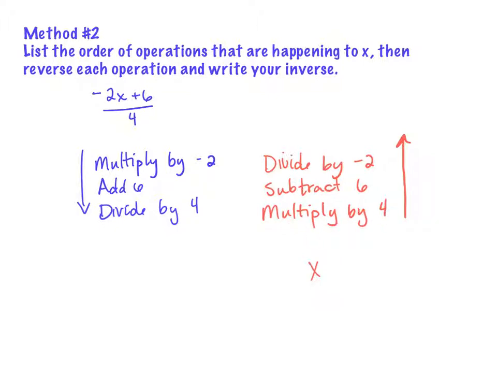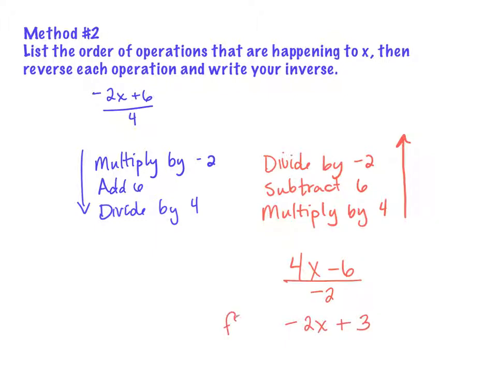So if I have x and I multiply it by 4, then I've got the 4. My next step up is to subtract 6, so minus 6. And then my next step up is to divide by negative 2. So I divide everything there by negative 2. If I want to simplify that, I can do it like I did before, negative 2x plus 3.